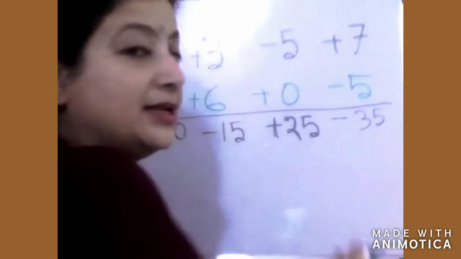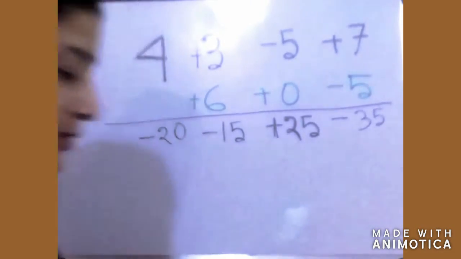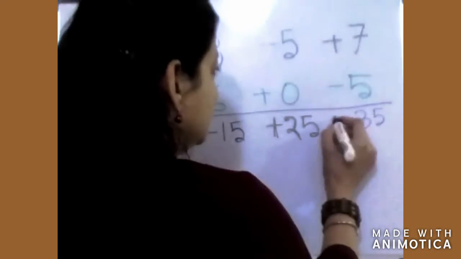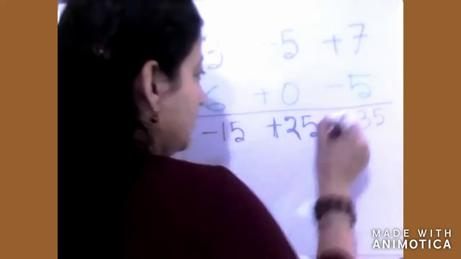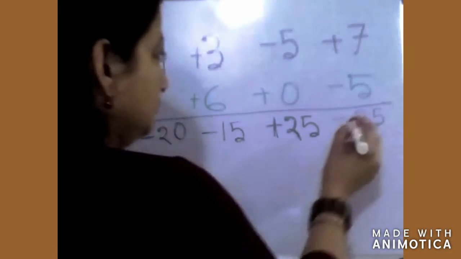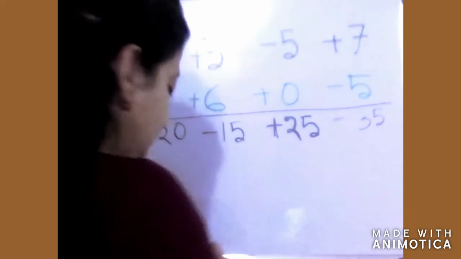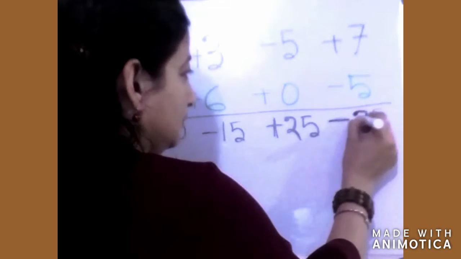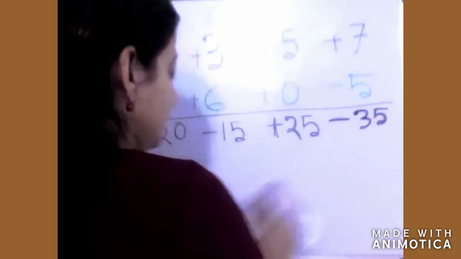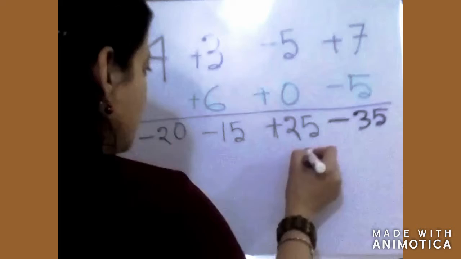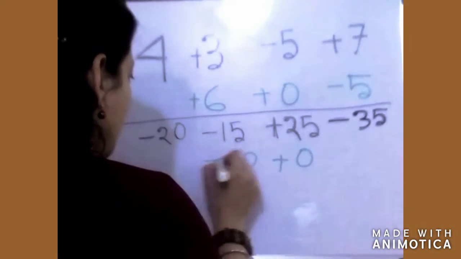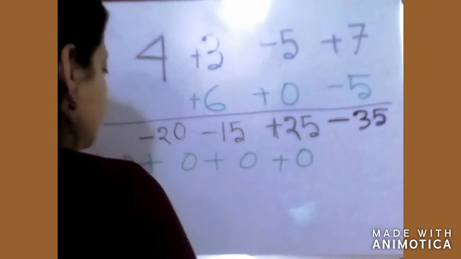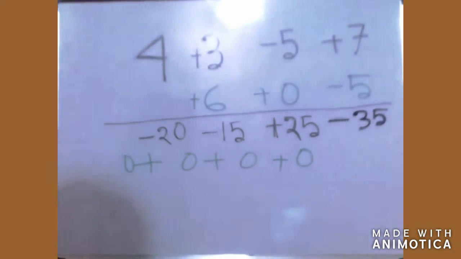Everything is 0, but we have to move towards the left. Zero, plus 0, plus 0, plus 0.